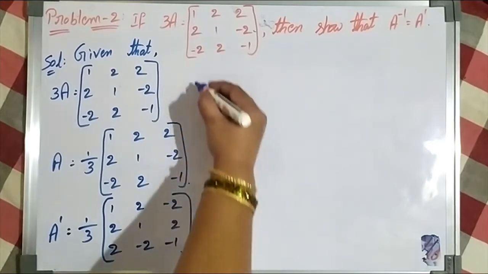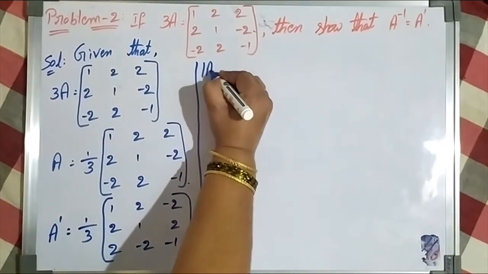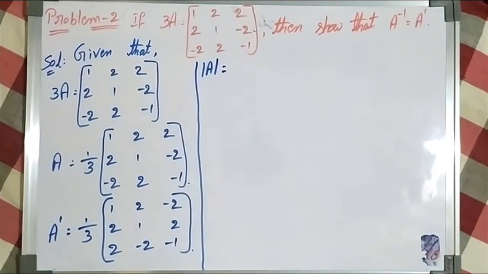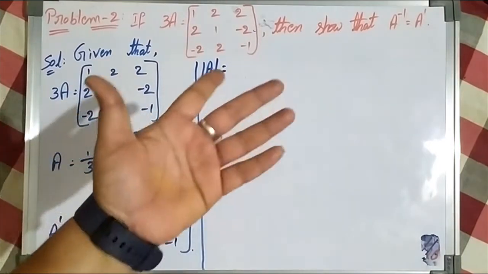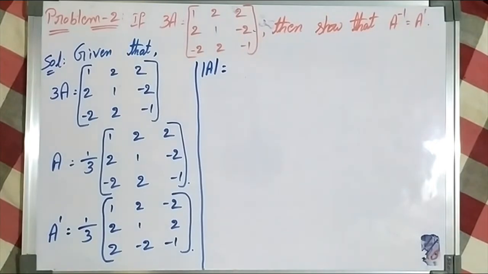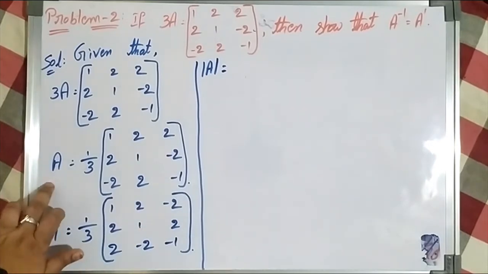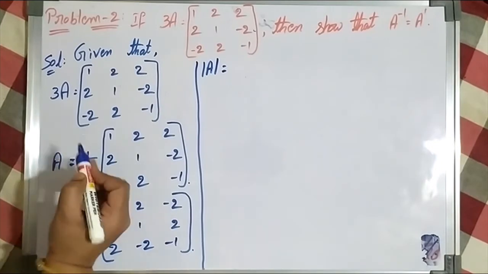the determinant of A. Here the determinant of A can be calculated directly. If a given matrix is only in matrix form, then we know how to find the determinant. But here A is given as a scalar multiple of a matrix.